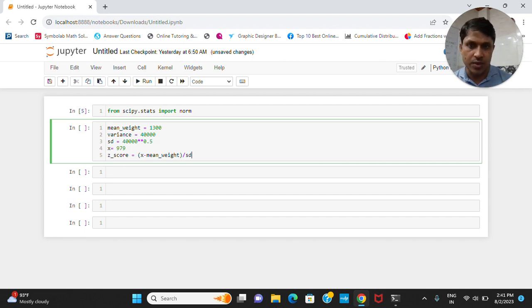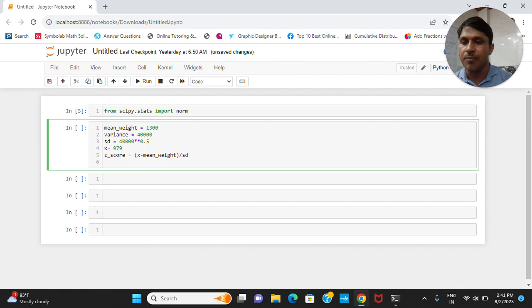Now if I calculate the probability, I will use the cdf function from the normal distribution library in the scipy.stats module. So I will write probability, here PR stands for probability, equals norm.cdf of the z-score. This probability will give me the left area, not the right area. If I run it, you will see that it gives the left area.